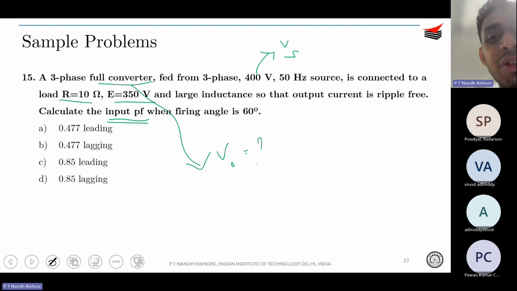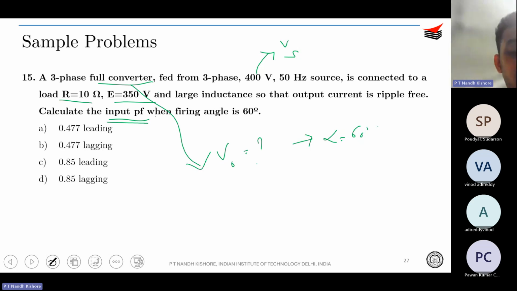Immediately the student will solve it, find out what is V naught because alpha is also given as 60 degrees, 3 VML by pi cos alpha. After that, he will start thinking about what is the input power factor. But the question has nothing to do with your V naught average. Question is simply input power factor.